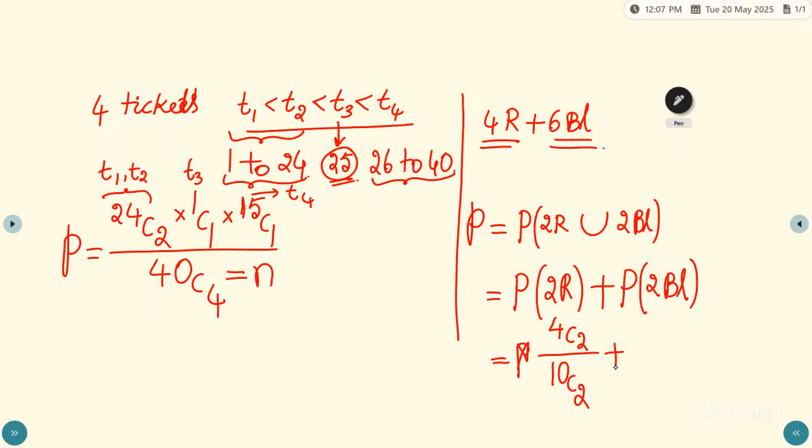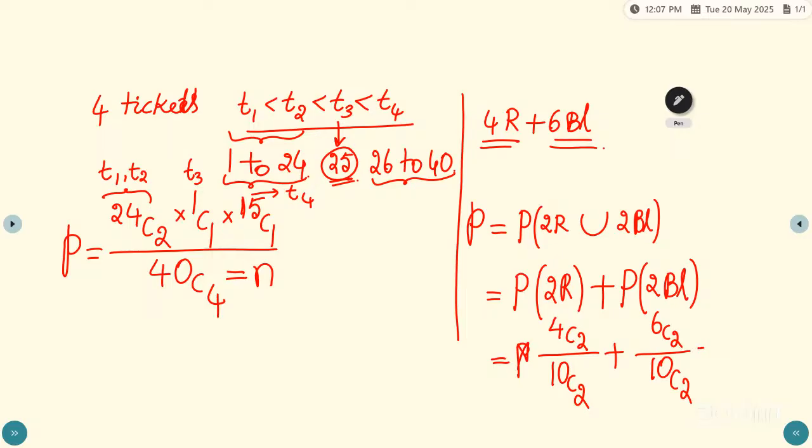Next, "or" means plus. Again totally you are having 10 balls, choose 2. Among those, how many balls are black? 6. Out of 6, choose again 2 balls. Is it clear or not?